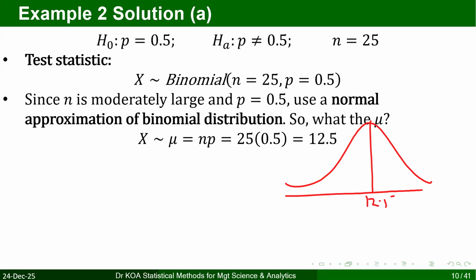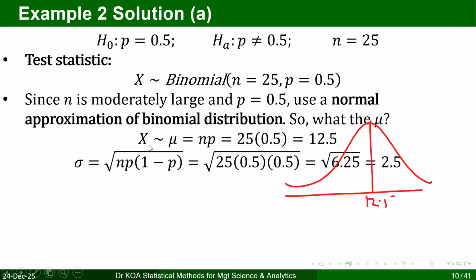Now, the next thing is that we can find the standard deviation, because you don't only find the mean, you also find the variance or the standard deviation. The standard deviation is given by the square root of NP(1 minus P). NP is the sample size multiplied by 0.5, multiplied by 1 minus P, which is also 0.5. You take the square root of that, 6.25, and that gives you 2.5.